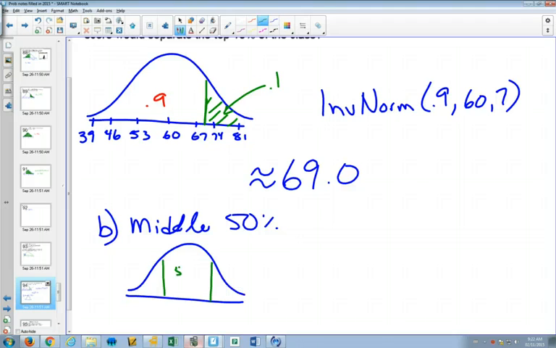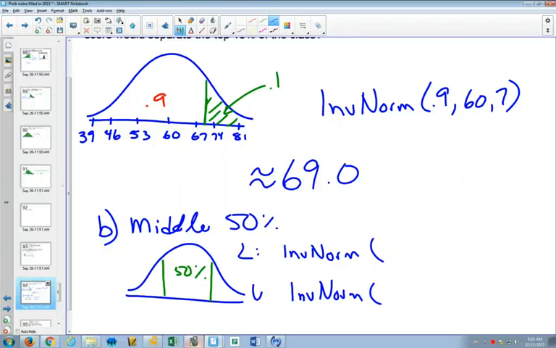So we're looking for this to be 50%. So one score, you have to find the lower one, you have to find the upper one. L for lower, U for upper. Again, our mean is still 60, and our standard deviation is still 7.